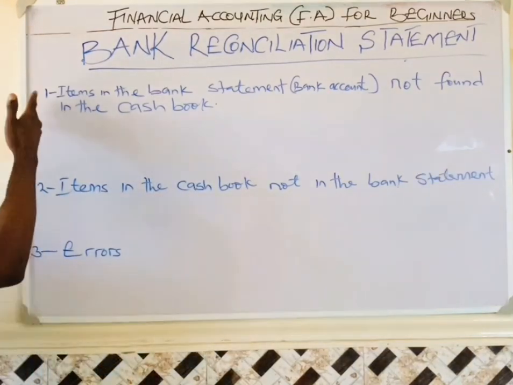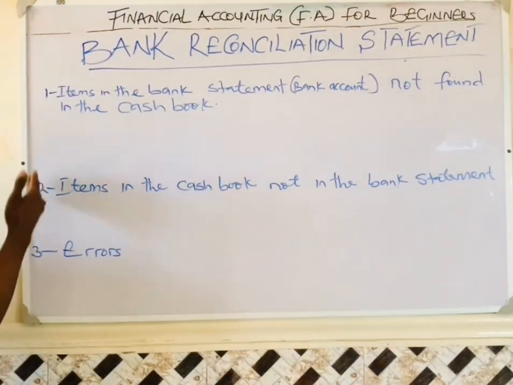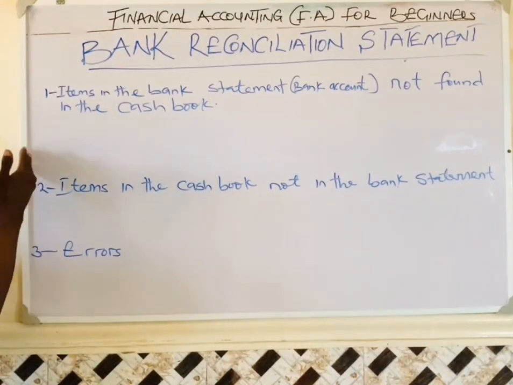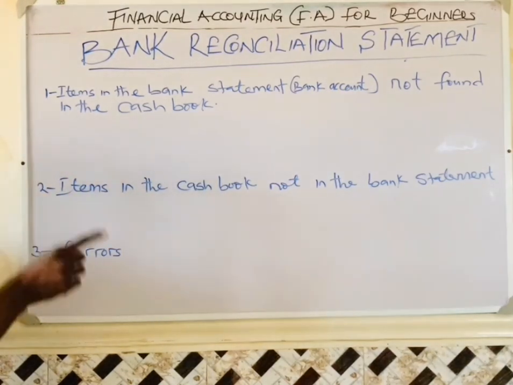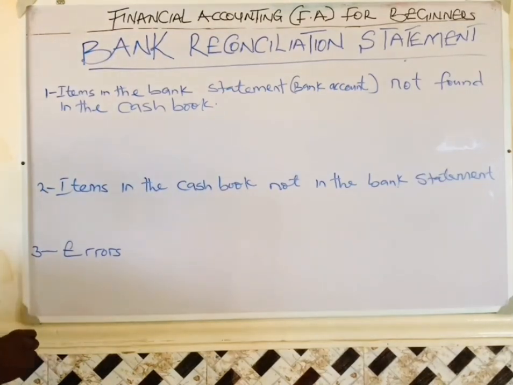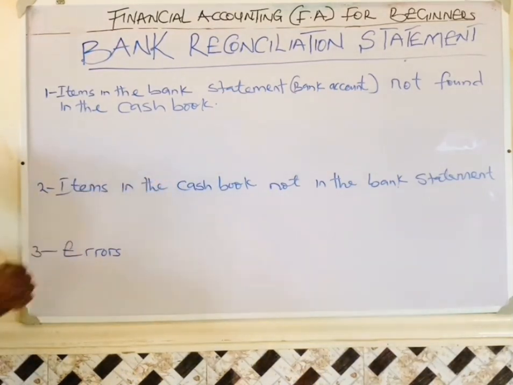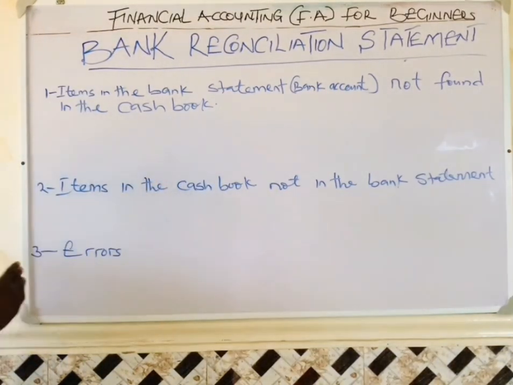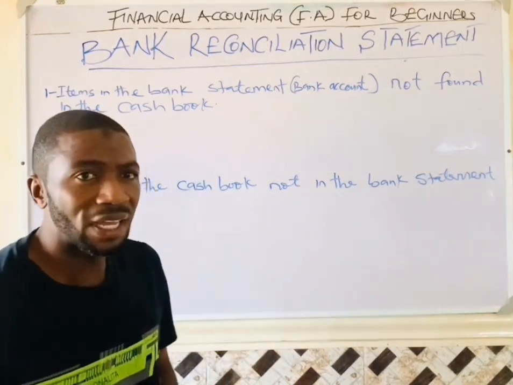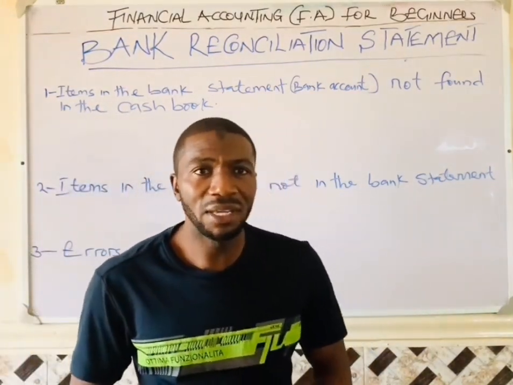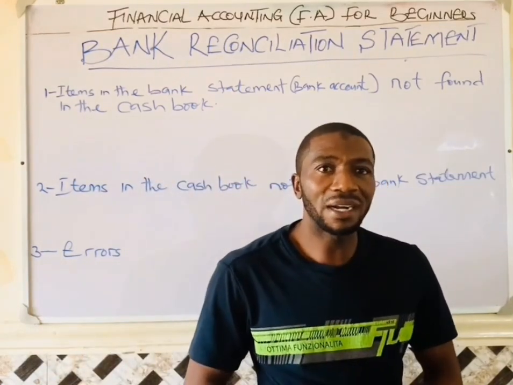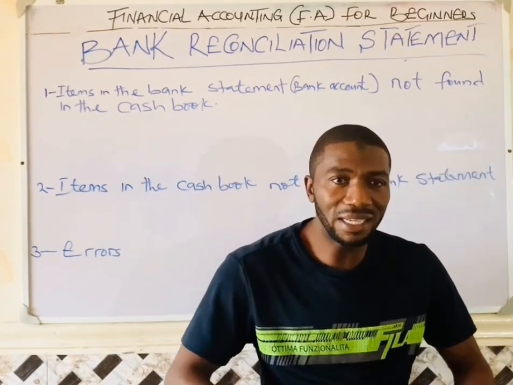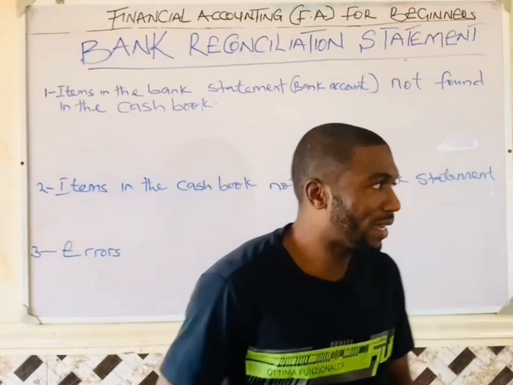So these are the reasons, the factors, the items that will make your bank column of the cash book not to tally with your account in the bank. So you begin to identify these items. After identifying these items, then you treat them. After treating them, you arrive at a tallied or agreed balance.